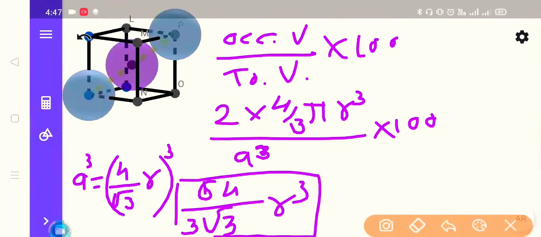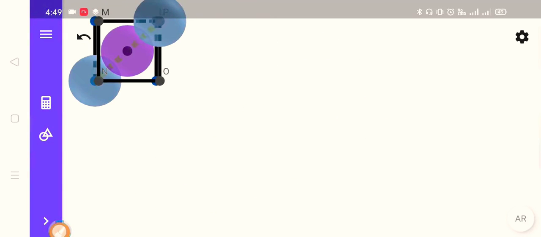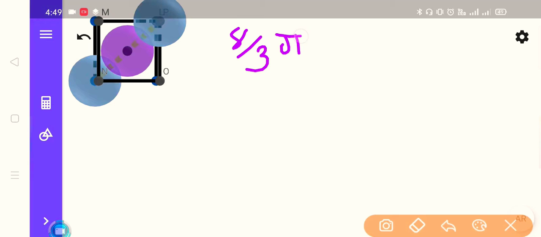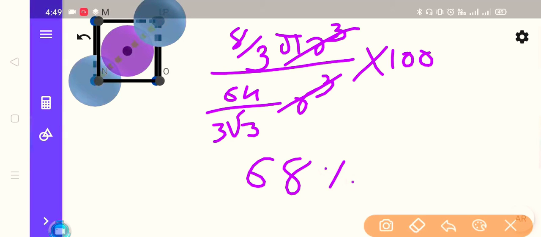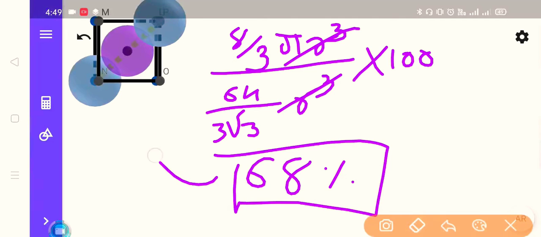We replace a cube with this value. So our equation will be 8 by 3 pi r cube divided by 64 by 3 root 3 r cube, multiplied by 100. The r cube will be cancelled out, and by placing the value of pi and calculating, you will get 68%. That means the packing efficiency of the BCC unit cell is equal to 68%.